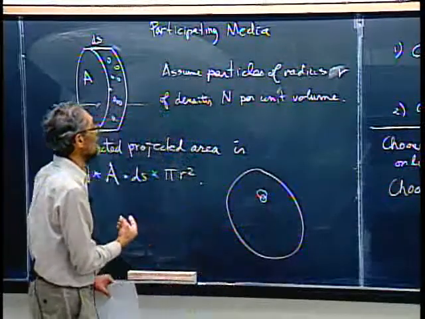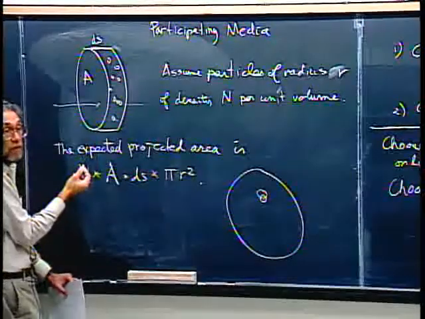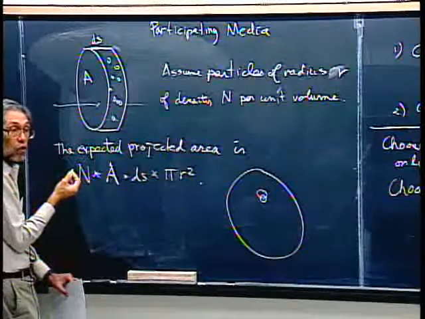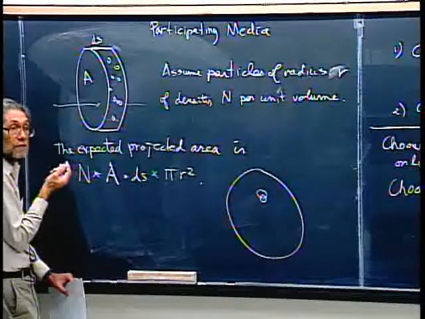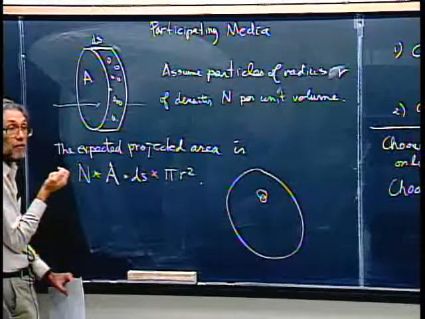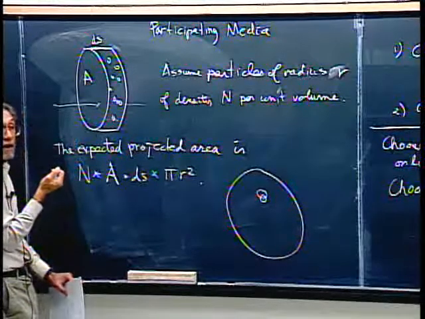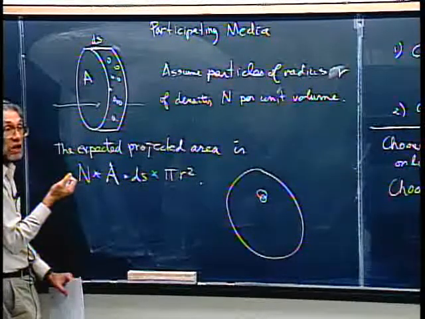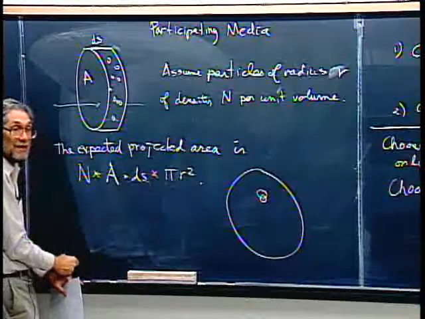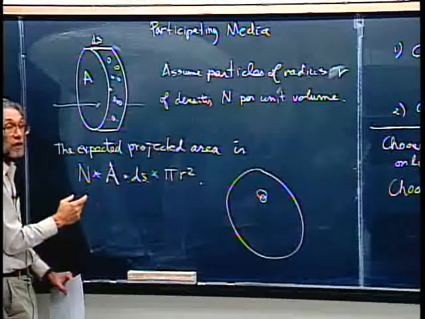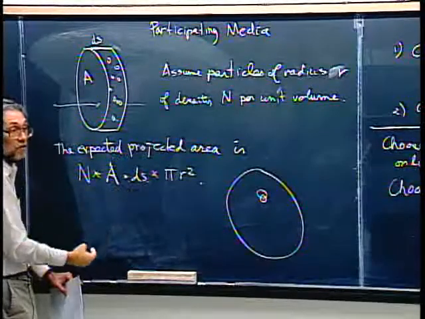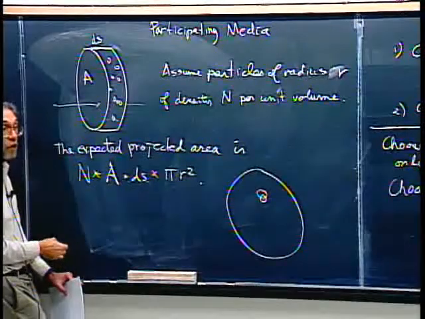But the idea is, if you make the slab thin enough, then the chance of overlap goes to 0, basically of order the square of the probability of finding a particle in any position, because you've got to find 2 there. Whereas the density of this projected area only goes to 0 proportional to this thickness. So eventually, if you make the slab thin enough, you can neglect the overlap, and we're going to take the limit as ds goes to 0. So we'll just assume then there is no overlap.